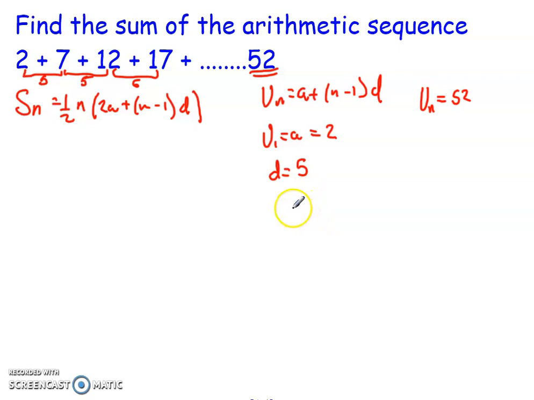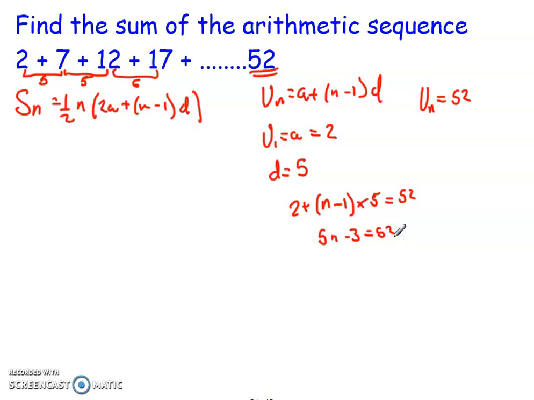So what I know is that a, which is 2, plus the n minus 1 times d, which is 5, equals 52. So if I multiply out the bracket, I get 5n take away 5. So I've got 5n minus 5 plus 2. So I get 5n minus 3 is equal to 52.